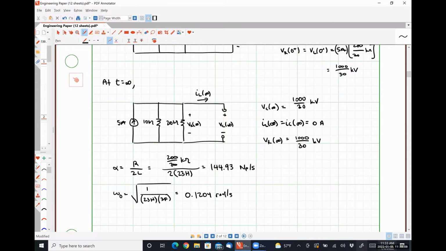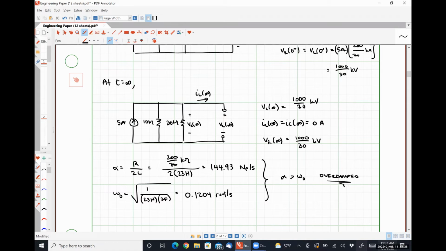So alpha is obviously larger than omega naught, which makes this circuit overdamped, underdamped, or critically damped? Overdamped.